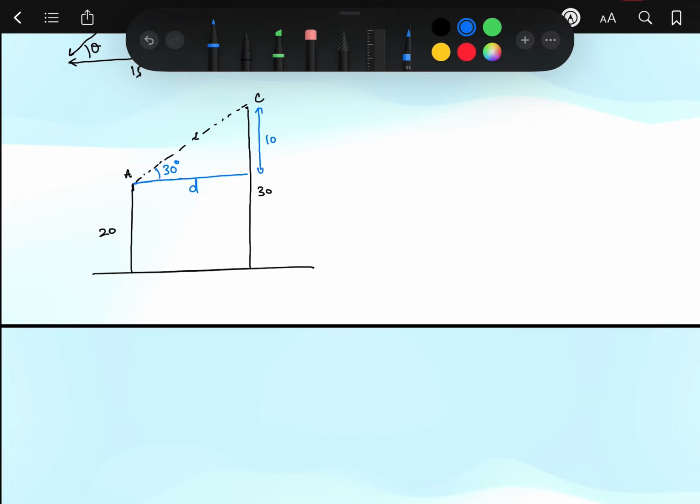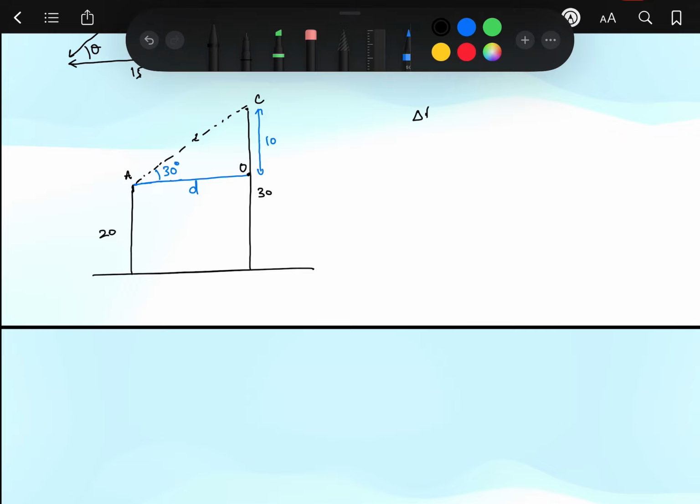Now in this triangle, let us suppose some point O. In this triangle AOC, tangent theta is equal to 10 divided by d, that is tan 30, which is 1 by root 3.